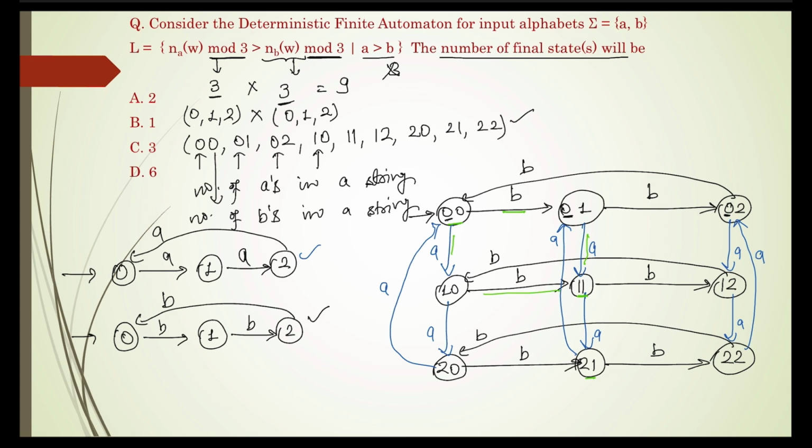For example, consider state 2 1. Number of A should be 2 and number of B should be 1. So B A, yes, number of A is 2, number of B is 1. Or you can take this path, A B A, number of A is 2, number of B is 1. A B A, again this condition is satisfied. So this is our final DFA.